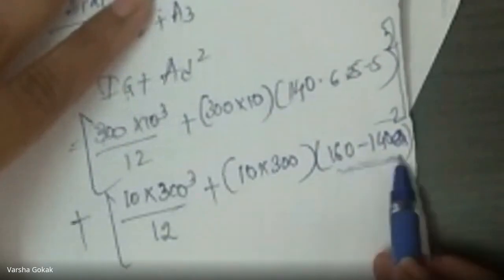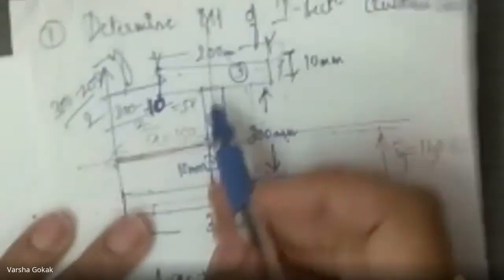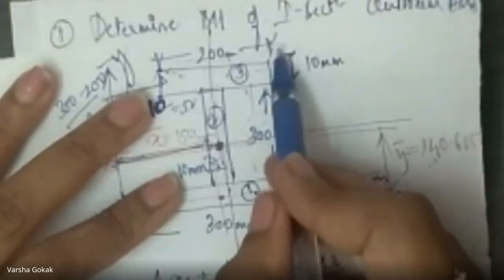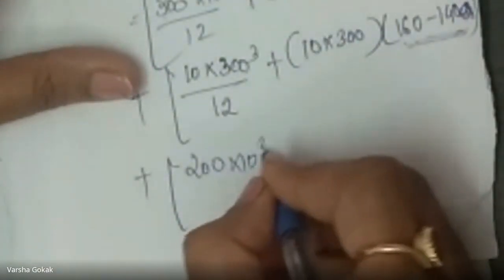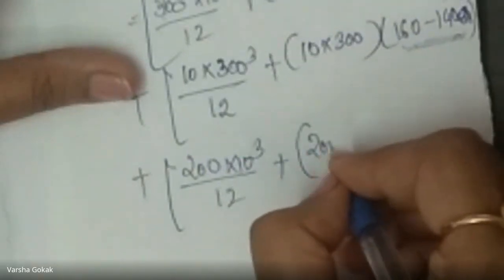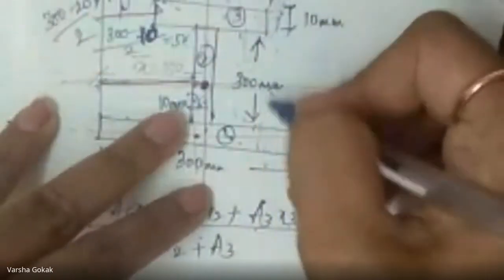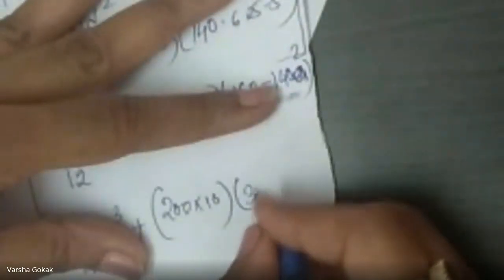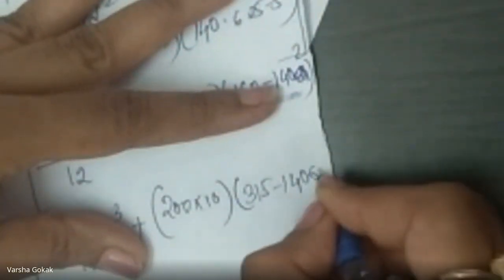Plus the third element, BD cube, 200 into 10 cube by 12 plus A, which is 200 into 10. CG, it was 315 minus 140.625 the whole square.